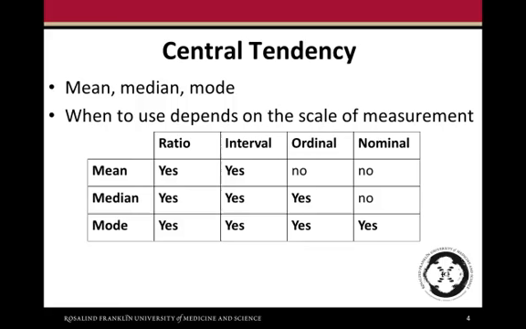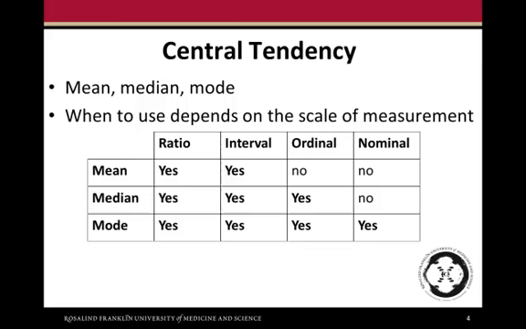So when we have ratio data that has a zero value that's meaningful and all the numbers are meaningful and we can do lots of mathematical calculations on them, we can do mean, median, and mode. Similarly with interval data, but once we start getting into data that's more categorized, the mean is no longer meaningful. And when we have nominal data, so when we have different categories or colors, well, figuring out a median and a mean are not informative at all.